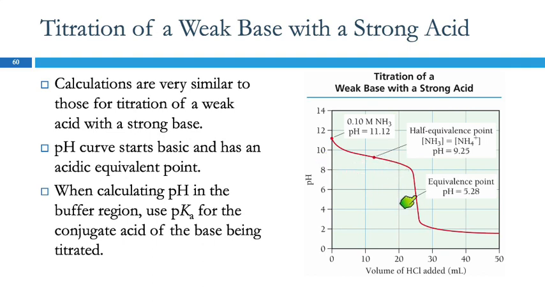And you get your equivalence point as we're coming down, and the solution ends up acidic. So you can calculate the pH at the half equivalence point, or if you've got the pH at the half equivalence point, you can calculate pKa.